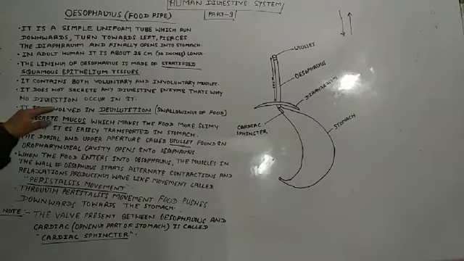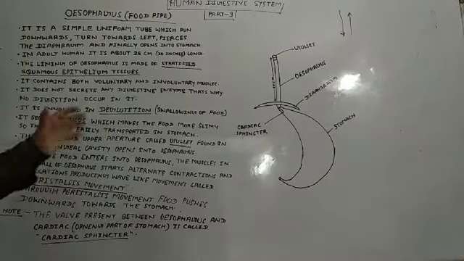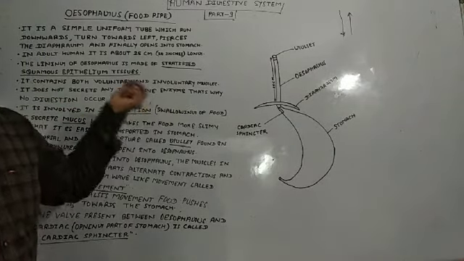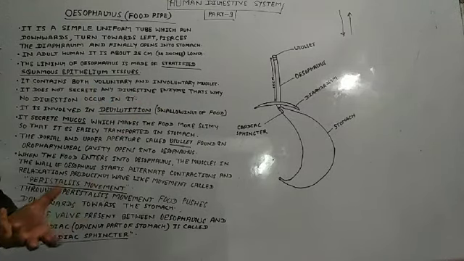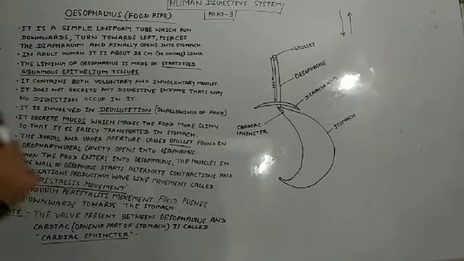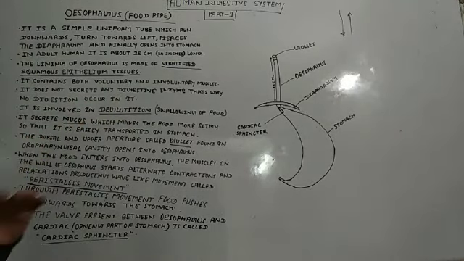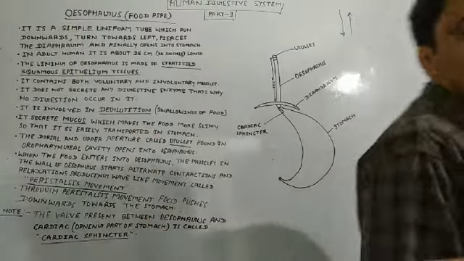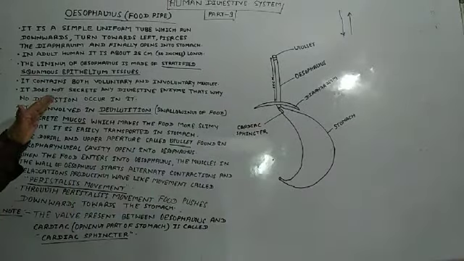It is involved in deglutition. What is deglutition? The swallowing of food, the process by which food is swallowed. Clear? This process is known as deglutition. I have already discussed that it is not involved in digestion.